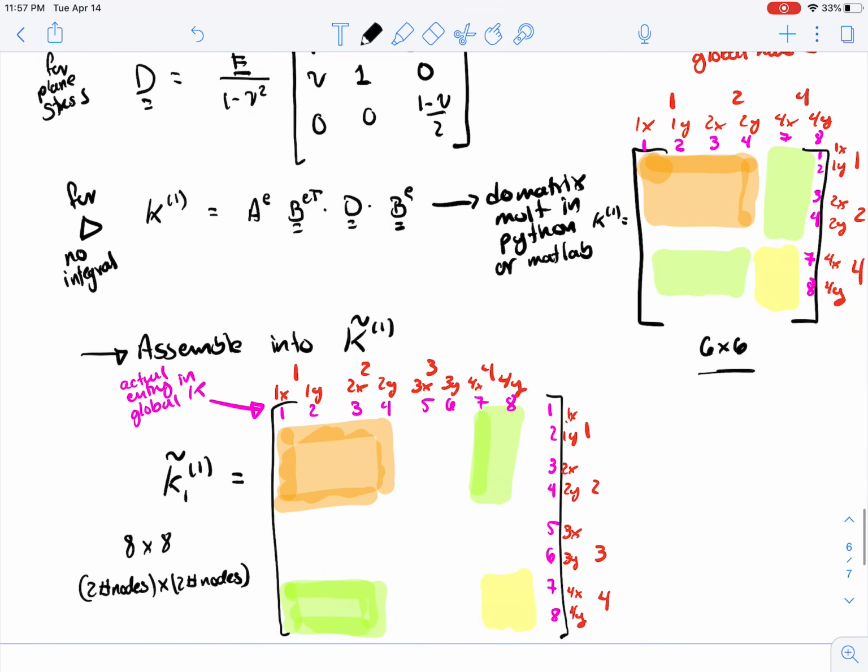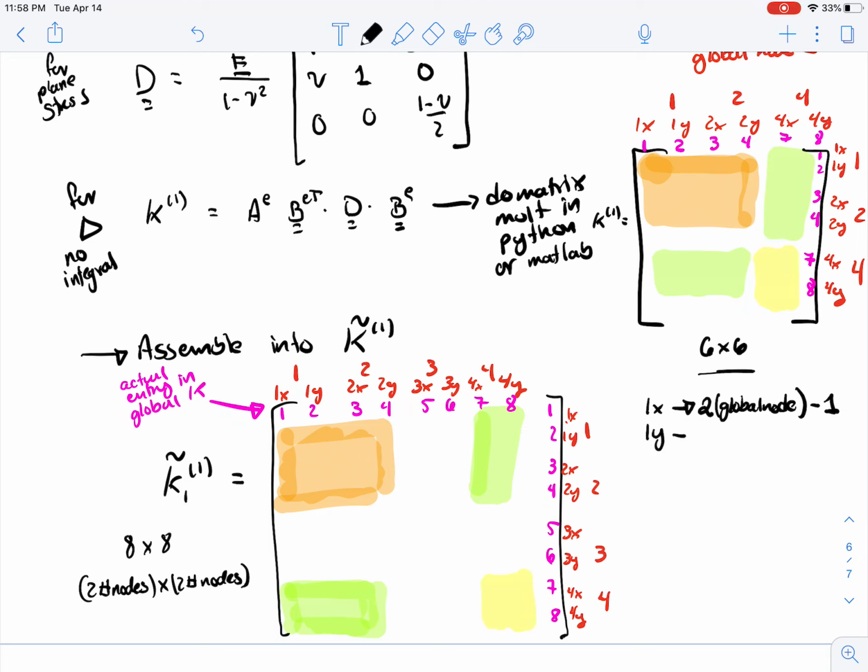And hopefully this looks a little bit similar to what we did for the 2D truss problem. So even though we have 3 nodes, every node has 2 degrees of freedom. So if you remember, the mapping that we did is 1x actually goes to 2 times the global node, in this case minus 1.